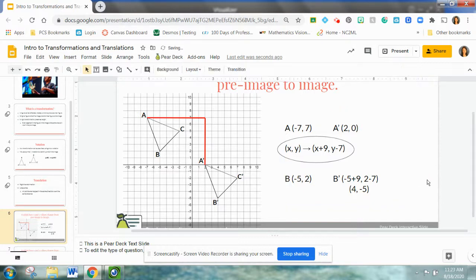So now I'm going to double check and make sure that that rule actually worked. Well, at 4, -5, I find B prime.